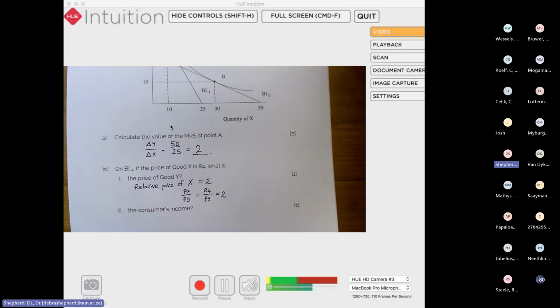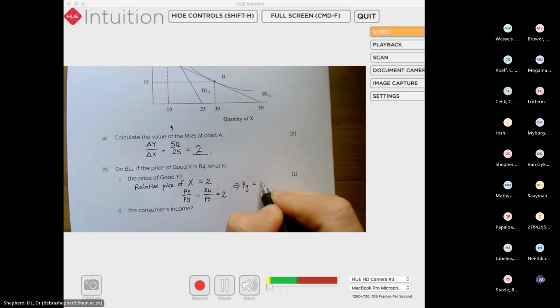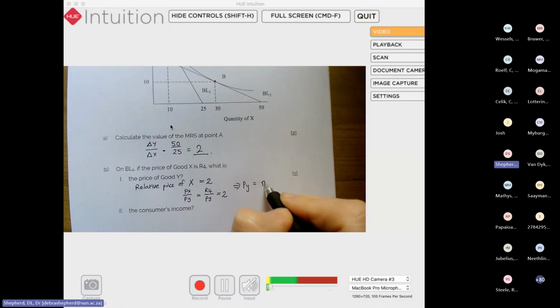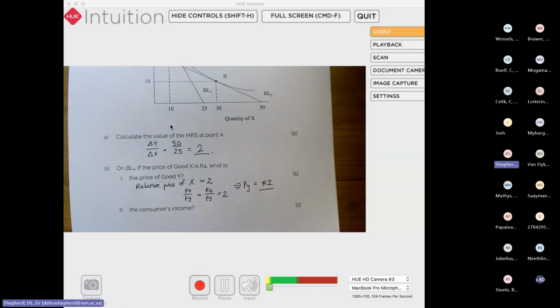The price of Y would need to be how much? R2. Okay, so the price of Y is R2.